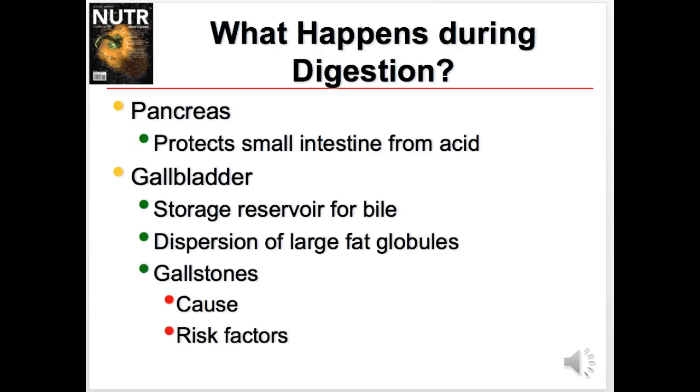Some people have them and never have symptoms, but others that have symptoms and actually end up passing the gallstone will get terrible, terrible cramps, sometimes fever and vomiting. And it's very important to get those out of the body.